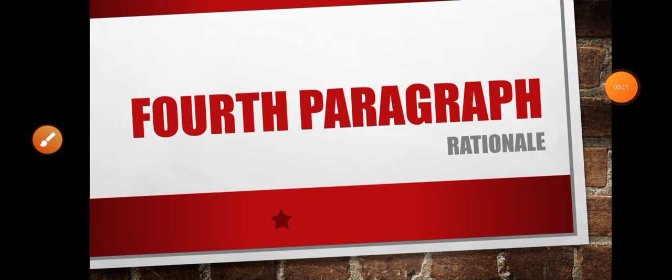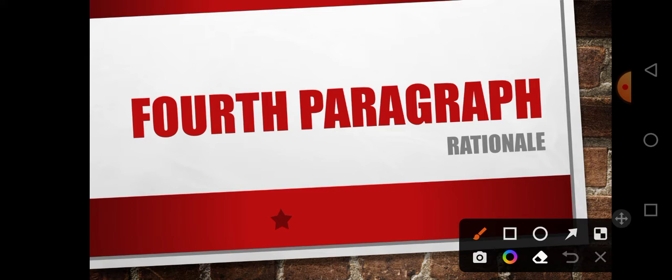Okay, so after discussing your variables or the relationship of your variables in the third paragraph, it means that you are now ready to proceed to the fourth paragraph of the background of the study. This fourth paragraph is something you are already familiar with, because it deals with your rationale.